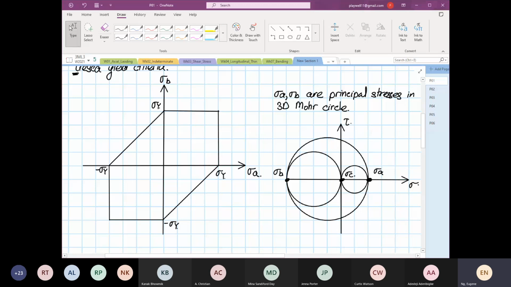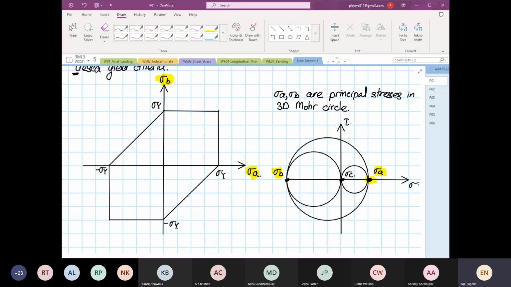This is based on the Tresca yield criteria. So this stress A over here corresponds to the stress A over here. Stress B corresponds to the stress B over here. So the diagram on the left is not the same as Mohr's circle. I want to highlight it's a principal stress diagram, or principal stress plot.